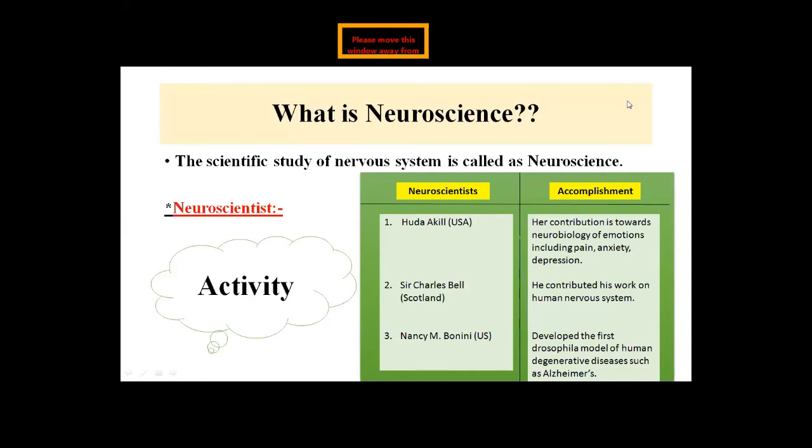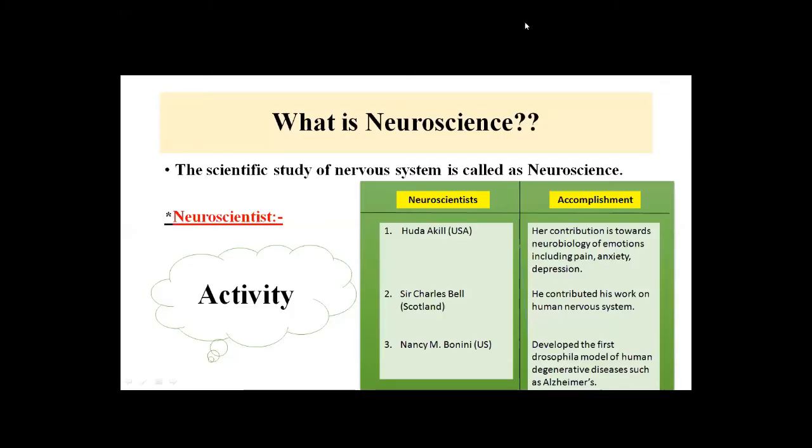The second neuroscientist is Sir Charles Bell from Scotland. And what are his accomplishments? He contributed his work on the human nervous system.